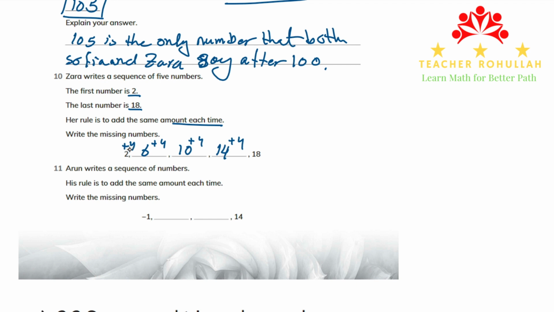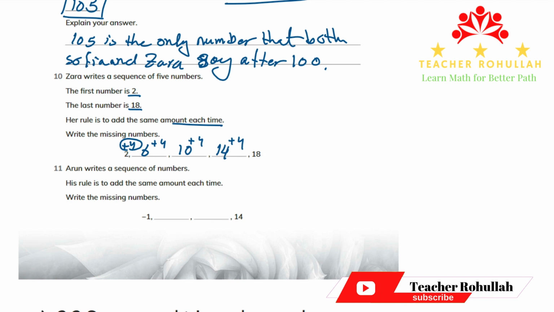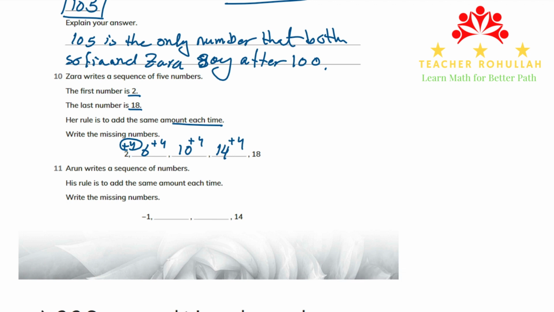So the same number that she adds is 4. Each time she adds 4 to the previous number to get the next number. This is the answer to question number 10.